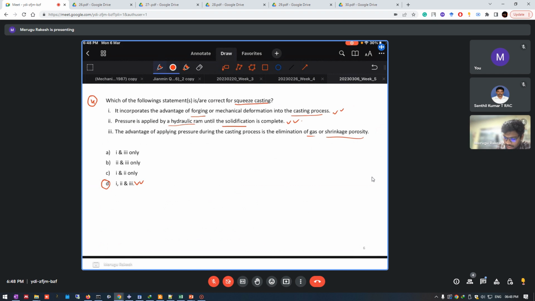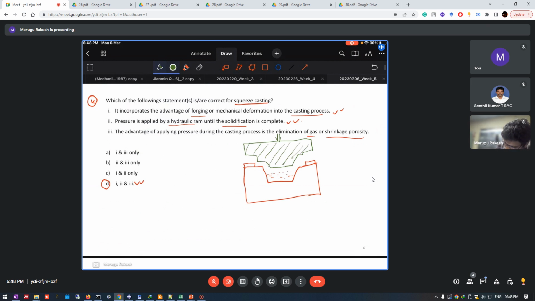If you remember squeeze casting, we took it like this. Initially we fill till here. Then we use the upper die with force.